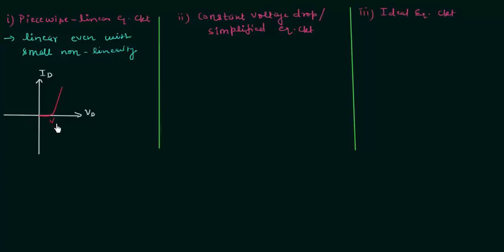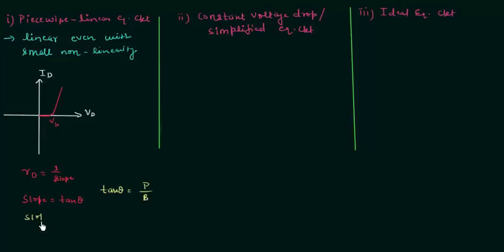This voltage is VB, the barrier potential, and first we will try to find the diode resistance RD. The diode resistance RD is equal to 1 by slope, the slope of this curve. You can easily find why. From mathematics we know slope is equal to tan theta, and tan theta is equal to perpendicular by base.